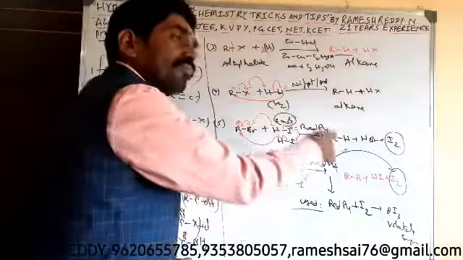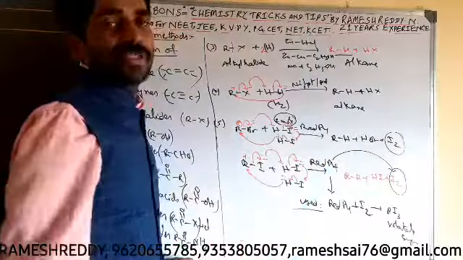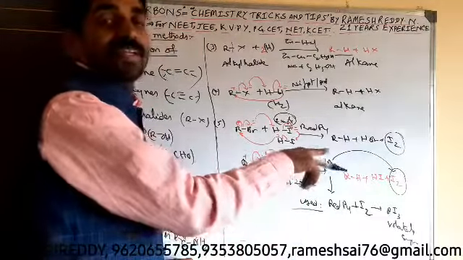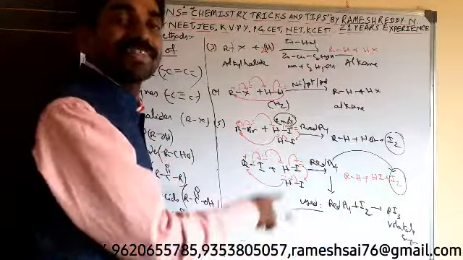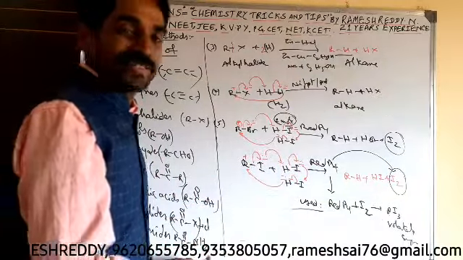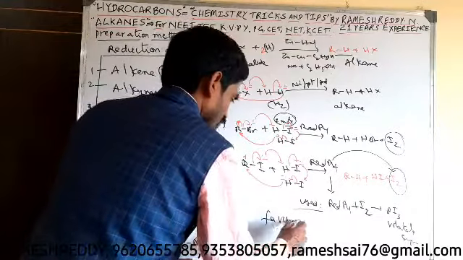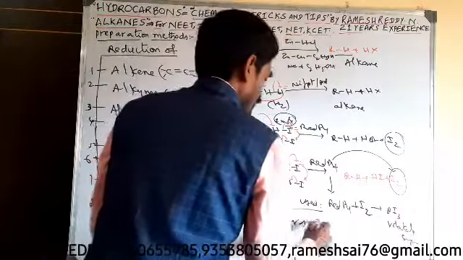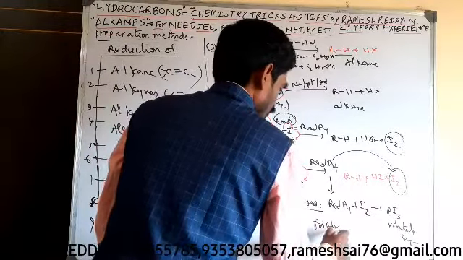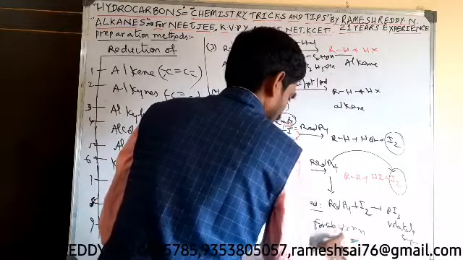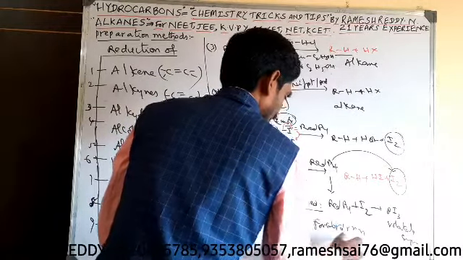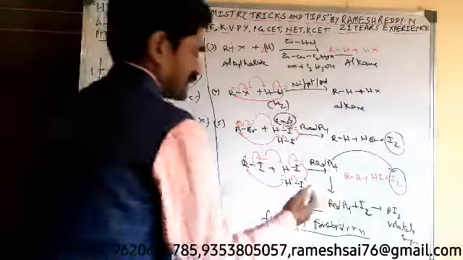To form more I2 again, the equilibrium proceeds in the forward direction. That means it favors the forward direction. That's why you have to use red phosphorus. Is it clear, my dear students? So that is the use: it favors the reaction taking place in the forward direction. Right. Okay, fine.